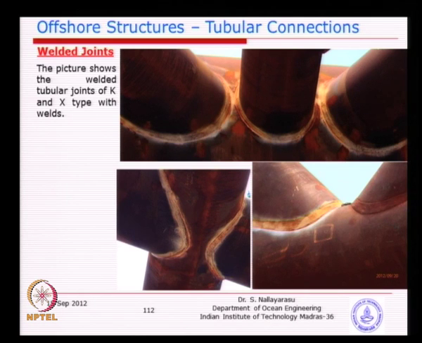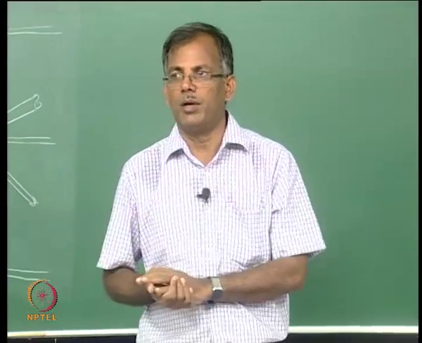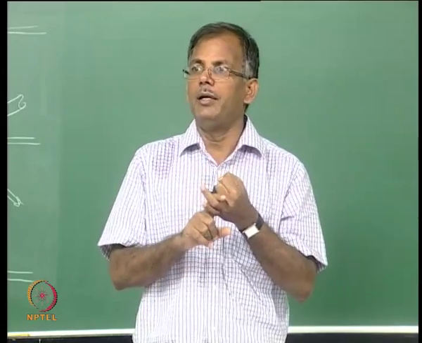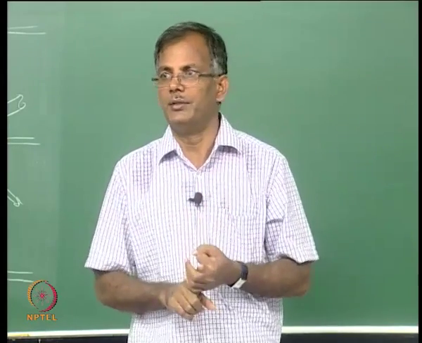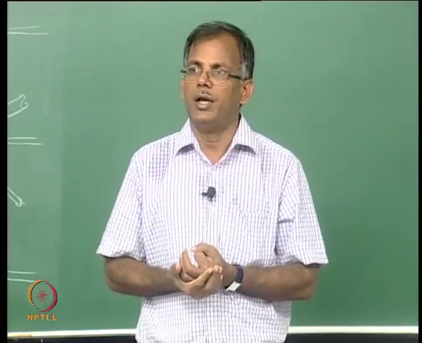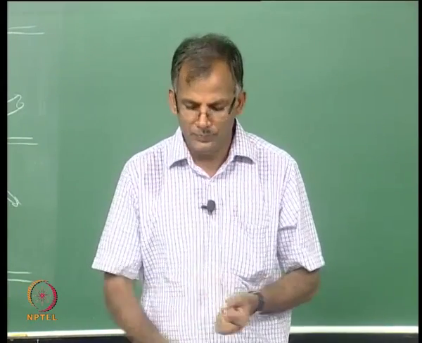All those things will be incorporated in the SN curve, because incorporating these in the stress concentration factors will be very difficult, even by experiment or by numerical models. So, the SN curve includes geometry, material and the defects due to fabrication. That means, either an undercut or profiling of the weld and any imperfections.